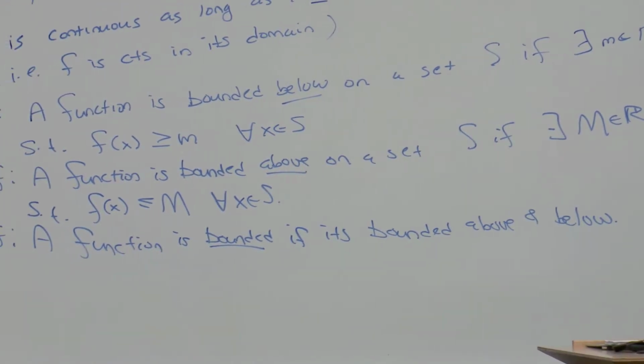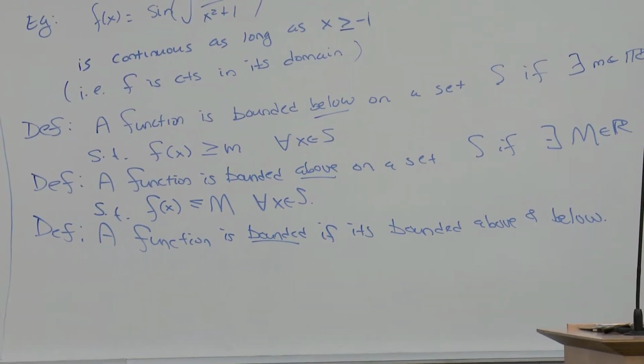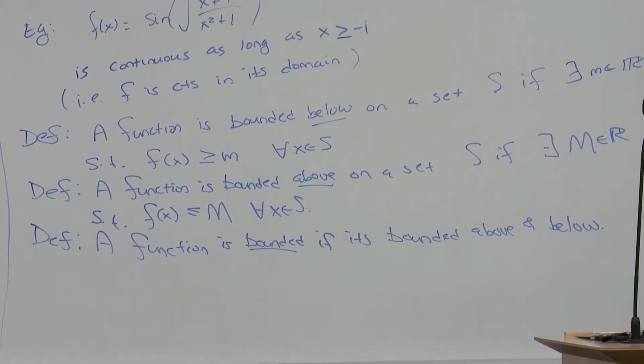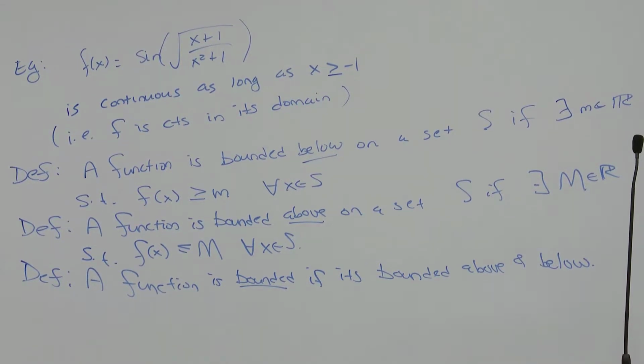Okay, so why do we care about this right now? We care about this because in the right circumstances, continuous functions are guaranteed to be bounded. Okay, and what are the right circumstances?